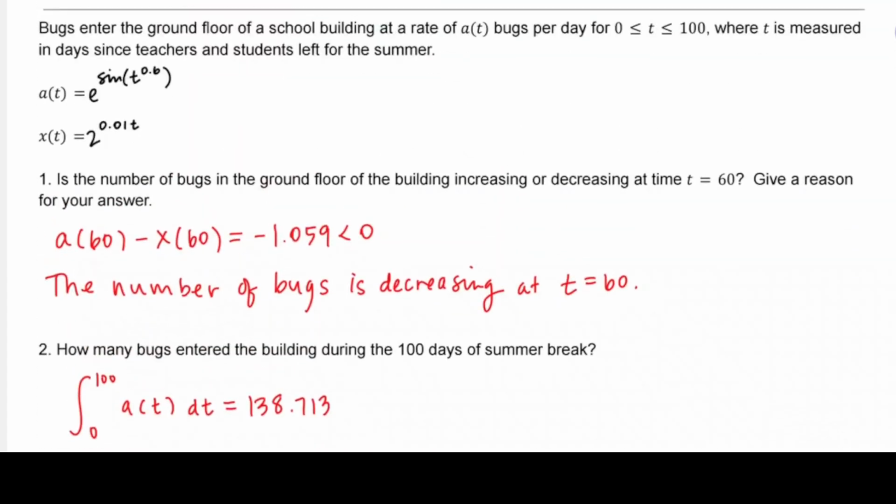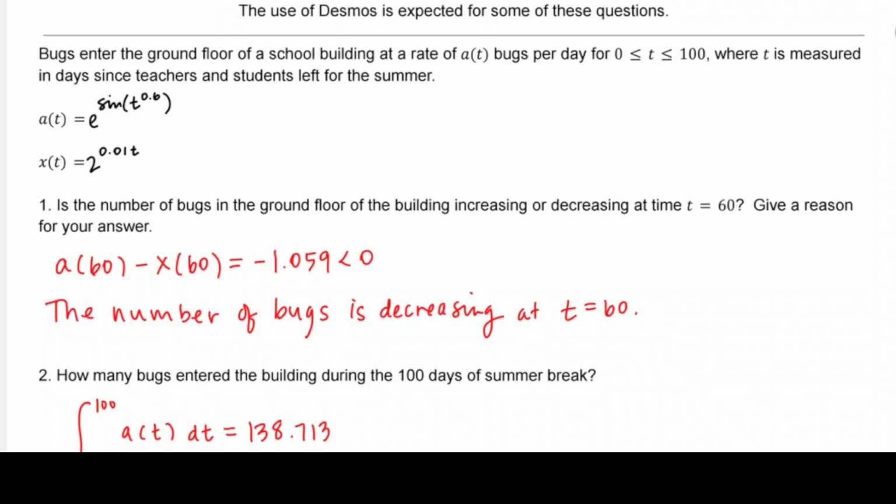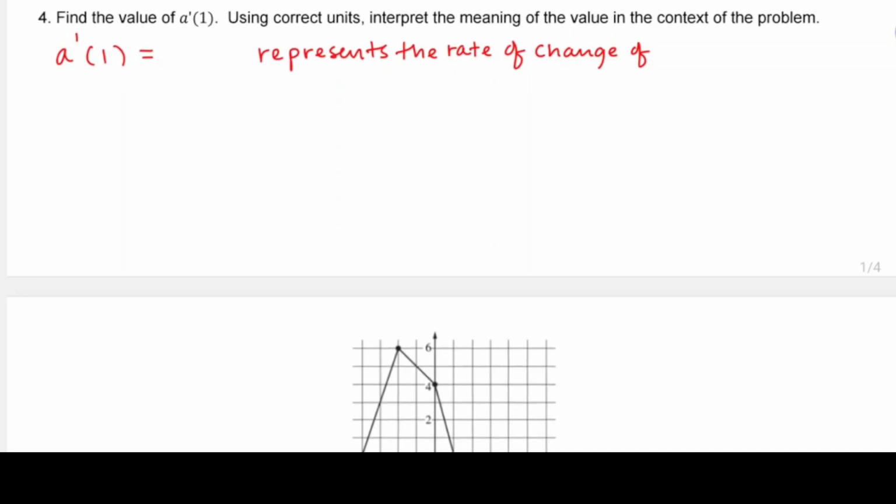So I'm going to go back up here and read: bugs enter the ground floor of a school building at a rate of A of t. So the rate at which bugs enter the building. Okay, now I'm going to indicate my units of measure.